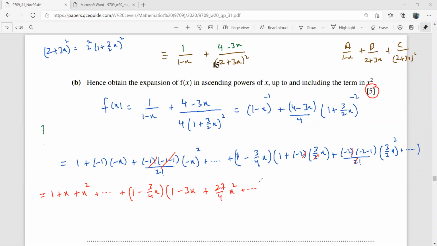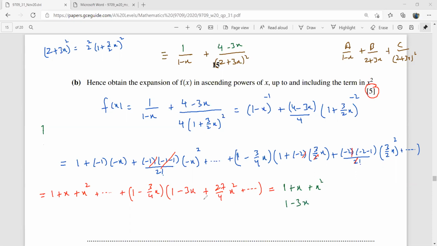Okay? But you must have your calculators with you because there are a lot of fractions here. So don't try to make any mistake while trying these things mentally if you're not good at that. Okay? 1 plus x square. Now 1 into 1 is going to give me 1. I'm going to write under this. 1 into minus 3x is minus 3x.